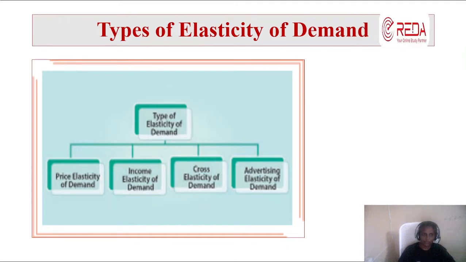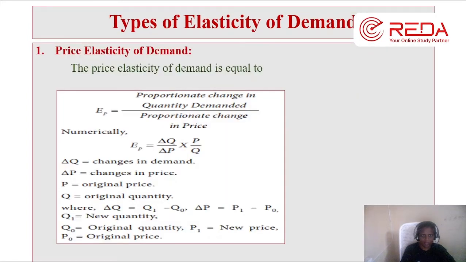The first type of elasticity of demand is price elasticity of demand. By the name itself you can understand how far the elasticity of demand happens when there is a change in the price level.